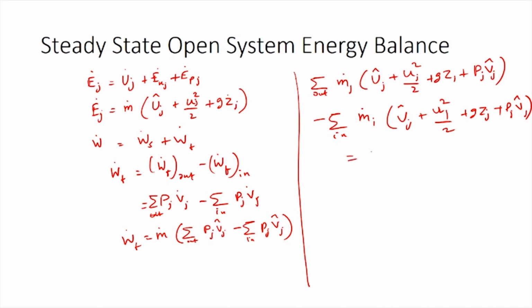This would be equal to q dot minus W s dot. What I have done here is split the work into shaft work and flow work and taken the term for the flow work to the left side in the equation which we had used.